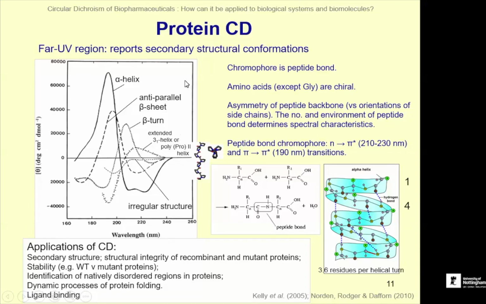For example, let's start with the first picture here. What it's telling you is that the spectral characteristics are different depending on the secondary structure of the proteins.